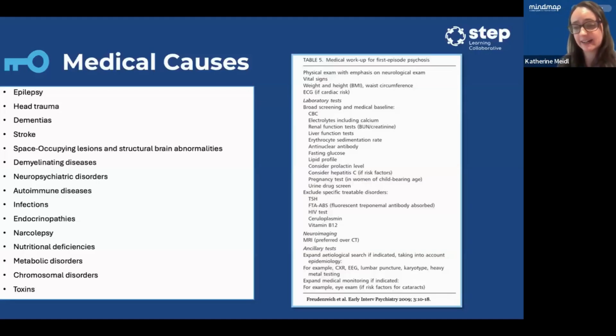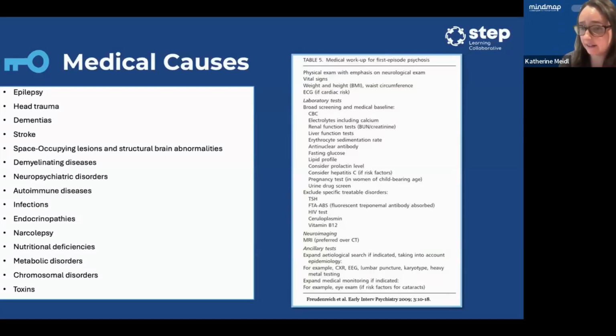When thinking about laboratory tests, helpful labs to do not only for screening for these causes, but also to have a medical baseline as we do a treatment, whatever that may be, would be things like a CBC, getting electrolytes, checking renal function and liver function tests, and getting an ESR and an anti-nuclear antibody to check for autoimmune conditions, getting fasting glucose and lipid panel just to monitor for metabolic conditions and things like that that could be influencing the presentation or could influence treatment going forward.